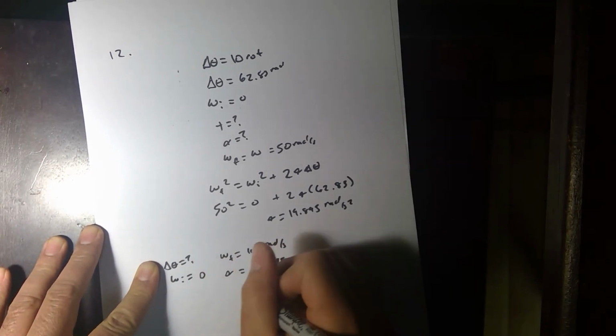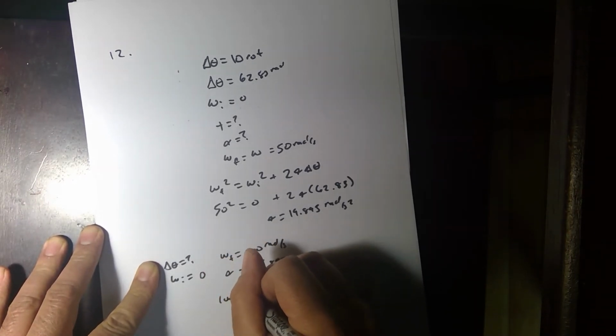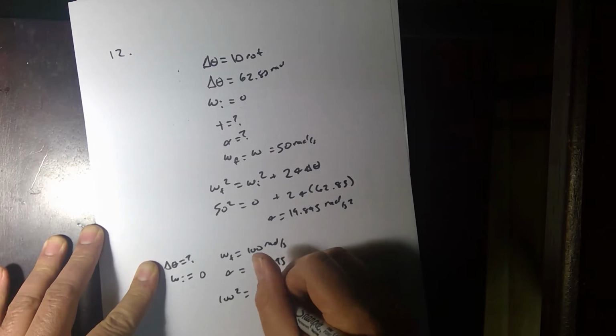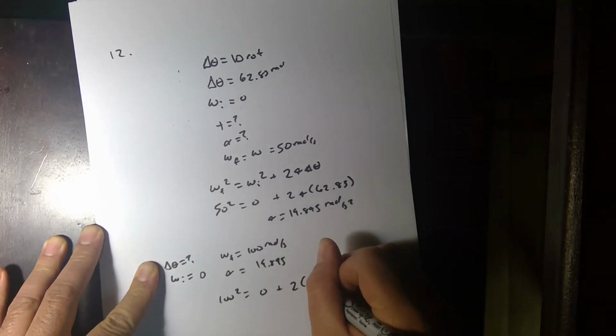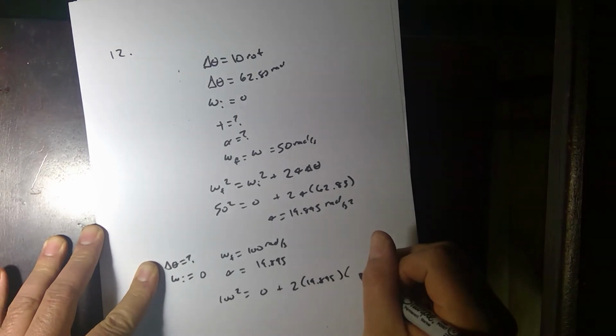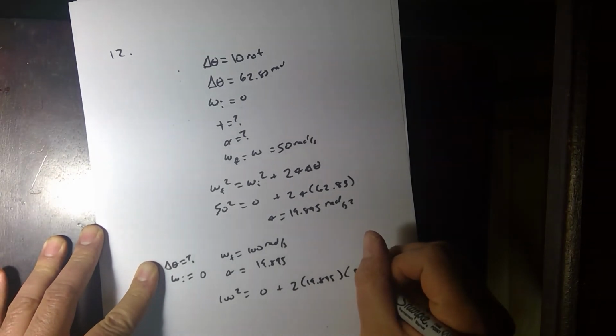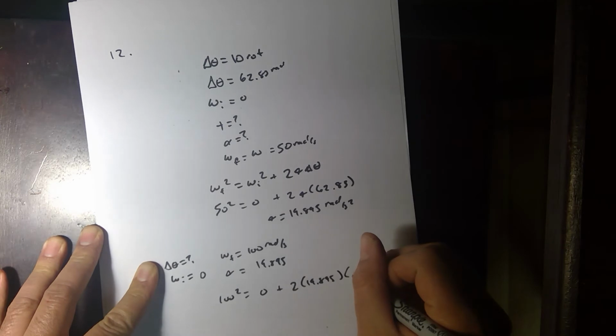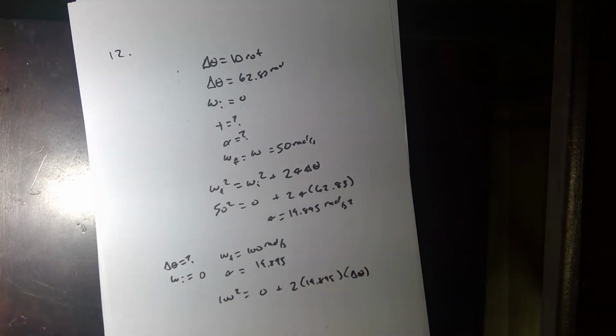Probably use the same equation. 100 squared equals 0 plus 2, alpha is now known, and we have here an unknown delta theta. So let's solve for delta theta here, see what we get. 100 squared equals 2 times 19.895 times delta theta.